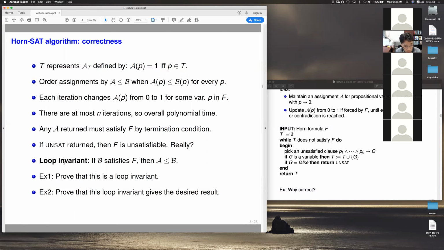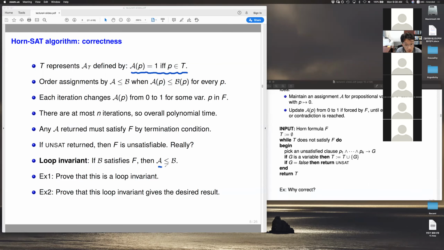To show this, we assume that there exists some assignment B which satisfies F. And then what we're going to show is that our algorithm will maintain a loop invariant. So the assignment A, which corresponds to T of the algorithm. Whenever we have a T, there is a corresponding A, which is defined by this relationship.